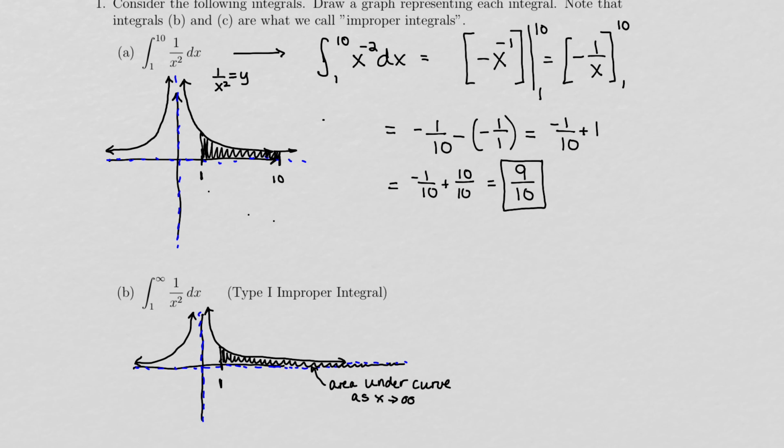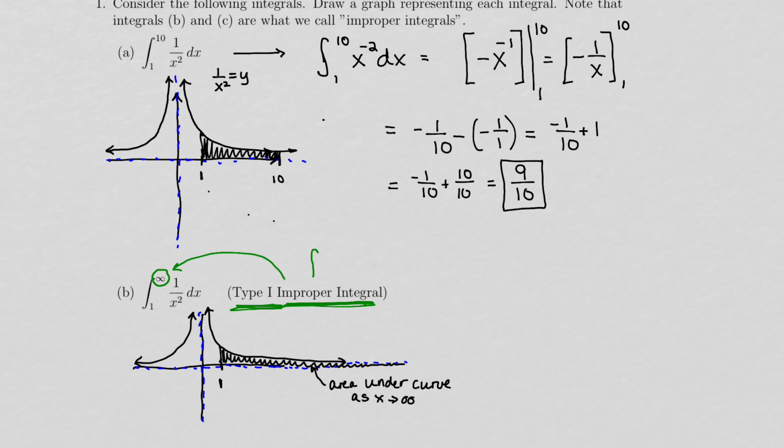All right, so an improper integral then is an integral. Well, there's two types, but basically an improper integral occurs when you have a problem with one of your limits. In type 1 improper integrals, the problem is that we have an infinity or a negative infinity.